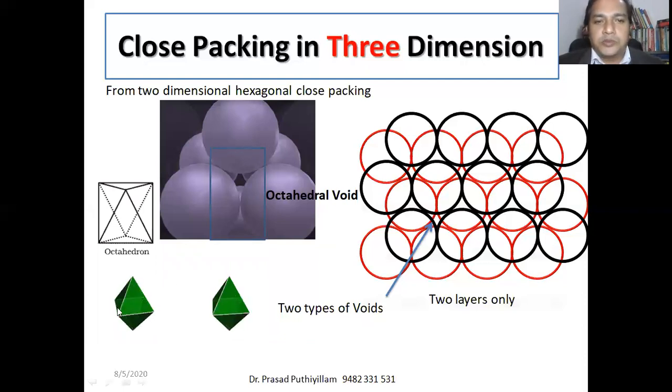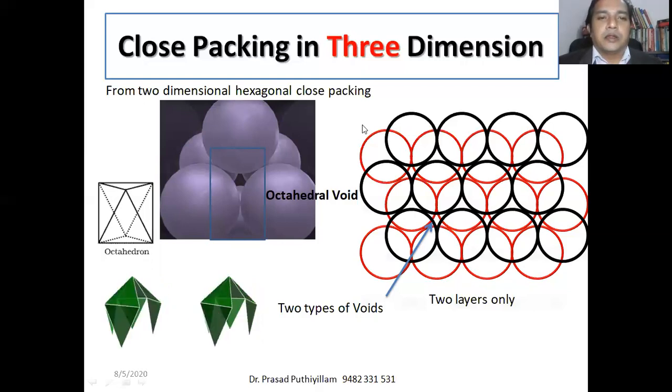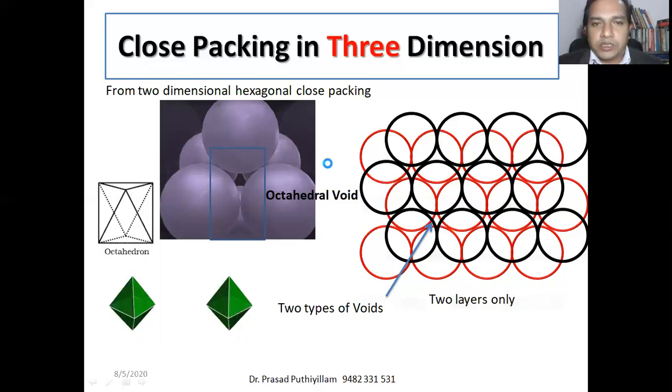So this space, which I marked here with one, will be covered with this 8 faced geometrical arrangement, that is octahedral. So the second type of void in a two-layer arrangement of close packing from two-dimensional hexagonal close packing is the octahedral void. Therefore, two types of voids are there, the tetrahedral void as well as the octahedral void.